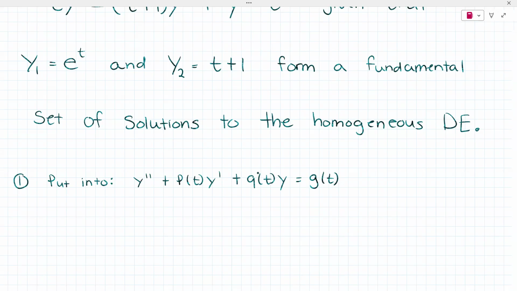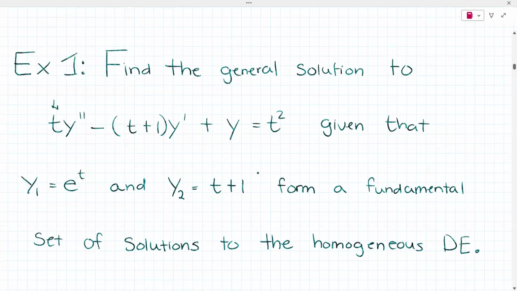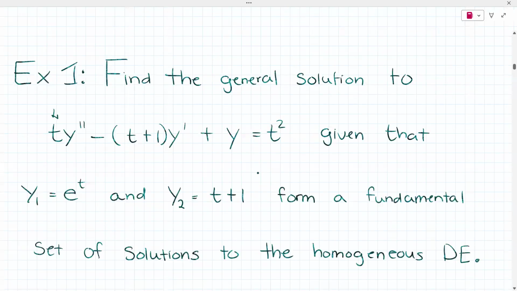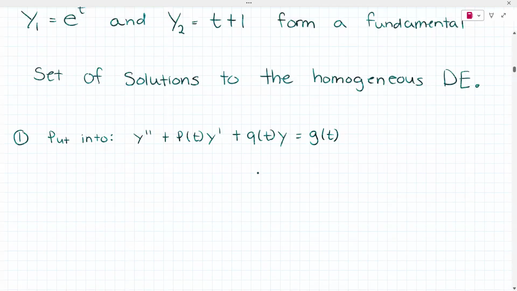What do we have? We do not have it in this form. You see this extra t? You have to get rid of that t or make it into a one. So what you're going to do is divide everything by t. So this is what we have.